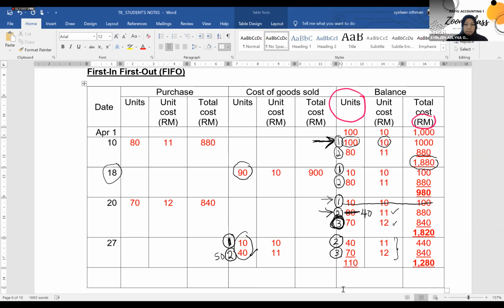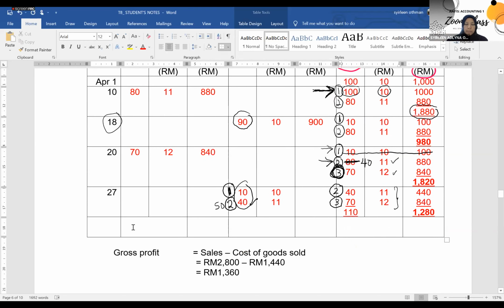Okay. So yang ini is actually your purchase cost, which is 880 campur 840, 1,720. And here is your COGS actually. So, berapa COGS kamu? Oh, sorry, I forgot to put the item here. So, my COGS ialah 900 campur 100 campur 440.